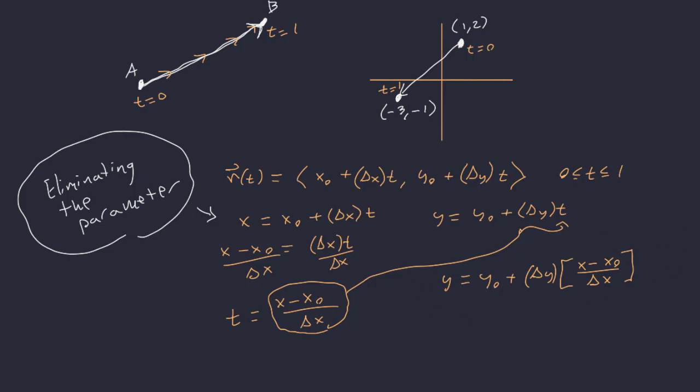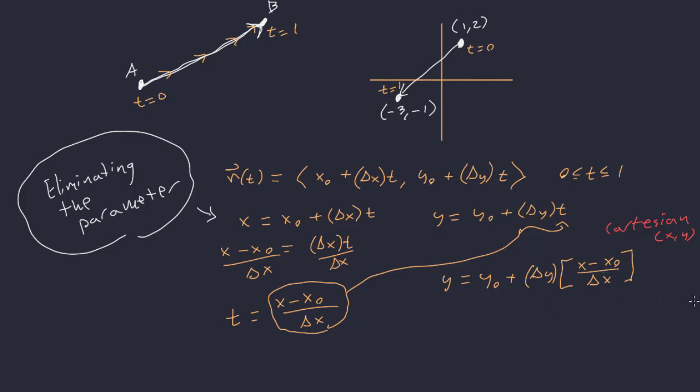Okay, this has now become a Cartesian equation. And that's what eliminating the parameter is: you try to solve things to get it down to being just in terms of x and y, versus a parametric equation, which is just in terms of t, but you have your x in terms of t and your y in terms of t.